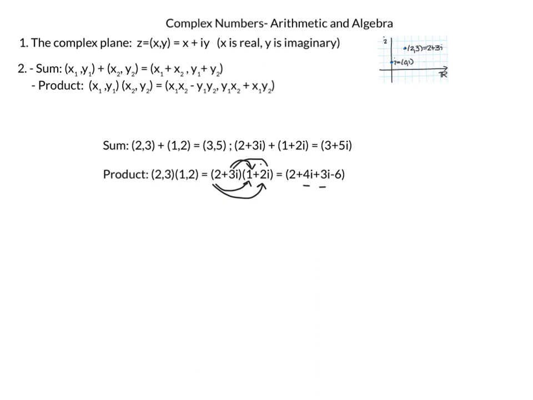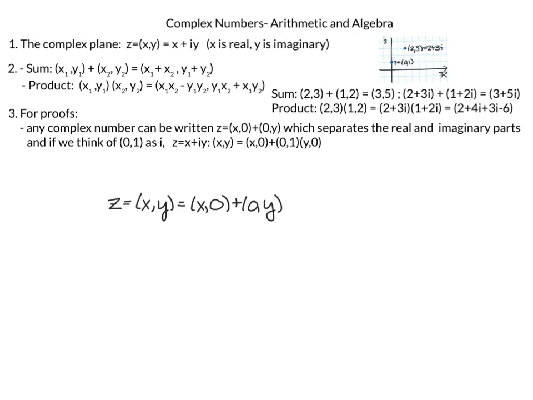And then 3i times 2i is equal to minus 6. Then continuing here, adding our real portions together, 2 plus minus 6 gives us minus 4, and adding the imaginary parts together using our sum rule, 4i plus 3i gives us 7i, so our final answer is negative 4, 7.